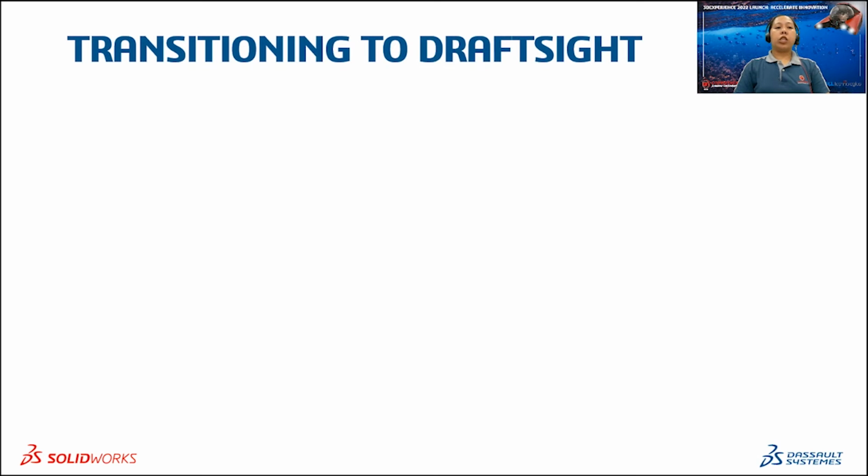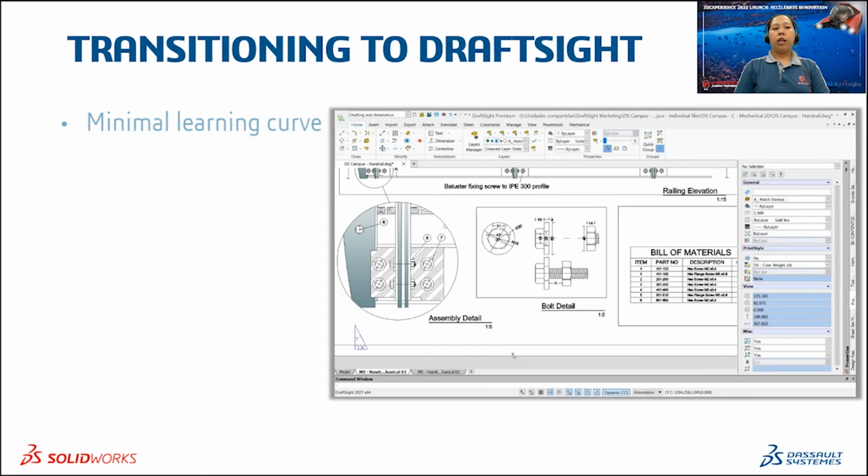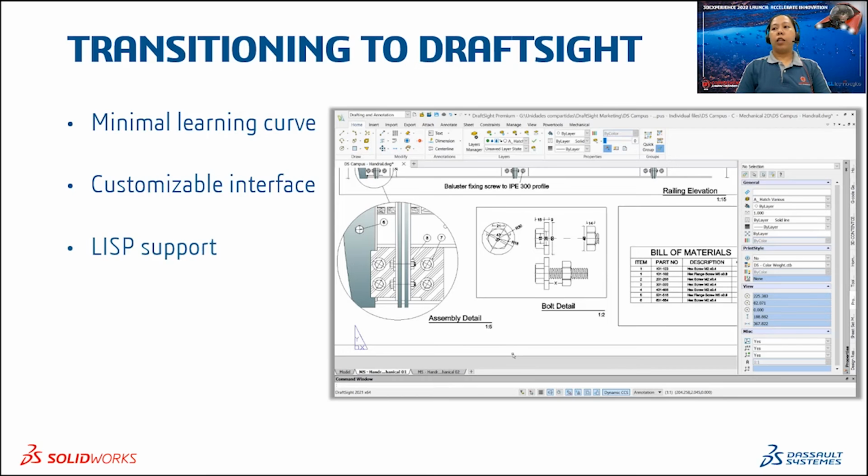So when you transition to DraftSight, you will have minimal learning curve, so it would be easy for you to learn DraftSight. You could customize the interface of your drawing area. So you could use your list, auto list, because it has list support. The command ribbons are familiar, as well as the command is recognized by DraftSight.